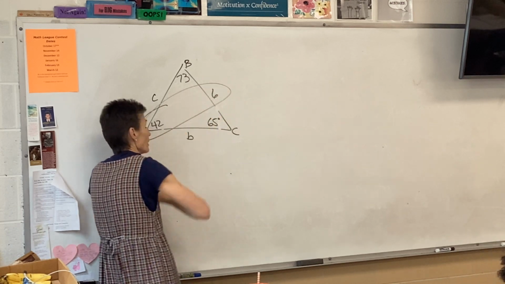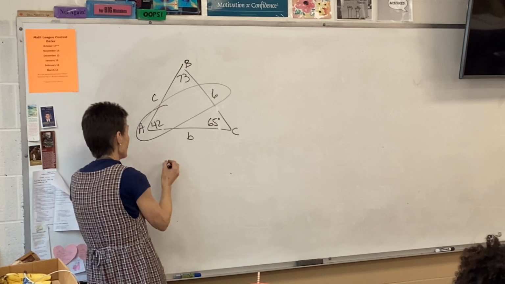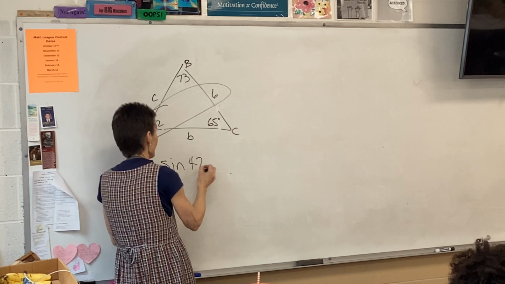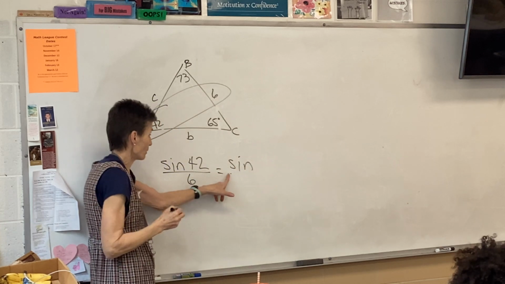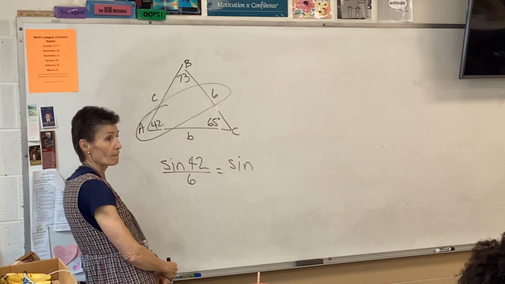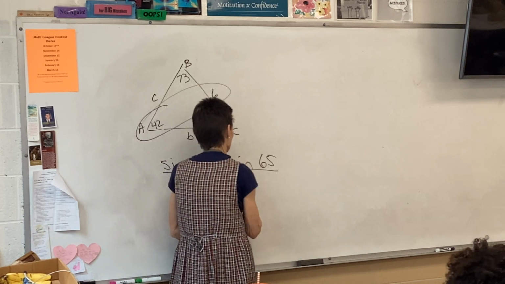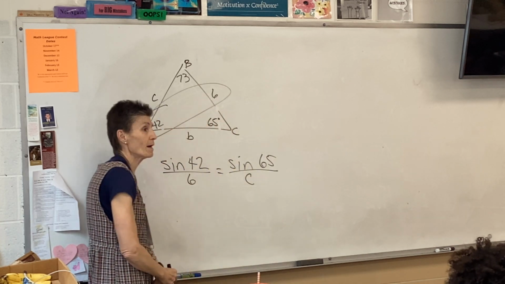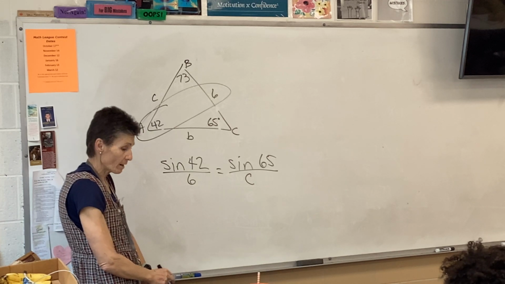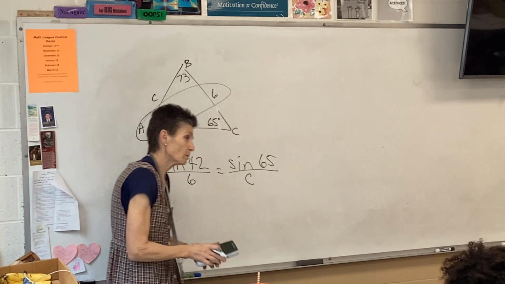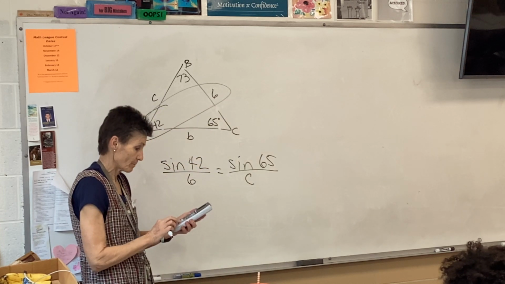Now, right there's the key to getting set up here, because we know sine 42 over 6 equals sine, pick one, 65 over C. Again, it doesn't matter, remember, you have to do both. Alright, go ahead, do your cross multiplying and dividing, and see if you can get the right answer.